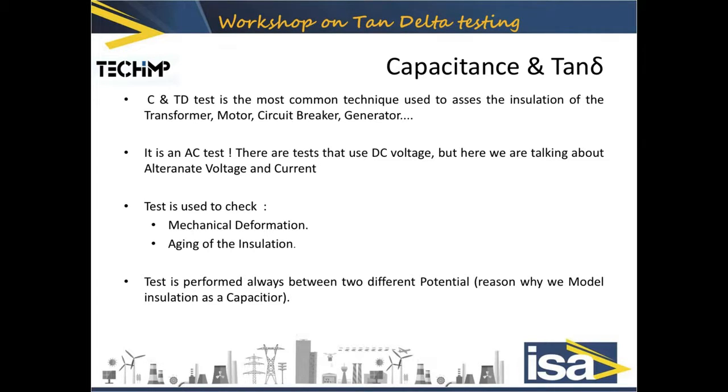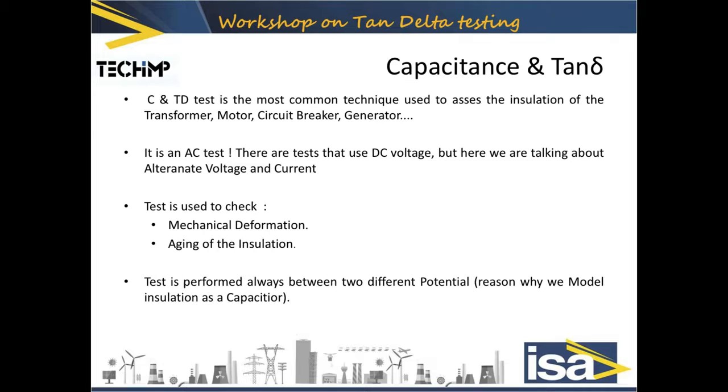And the other reason is that DC testing tends to be more destructive than AC testing, since it leaves some free electrons inside the insulation, and in case that insulation had some voids or imperfections inside, you're increasing the probability of partial discharge inside that particular insulation.